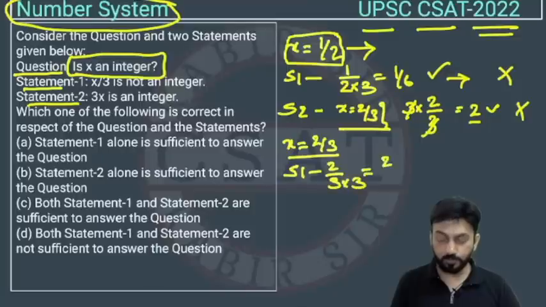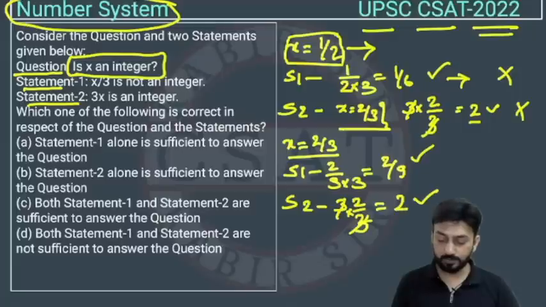So this is not an integer, so first statement satisfy हो रहा है, right? Now statement 2 है 3x, x की वैल्यू हमने 2/3 कंसीडर करी है, this 3 will cut this 3, so I will get 2, this 2 is an integer, ठीक है.